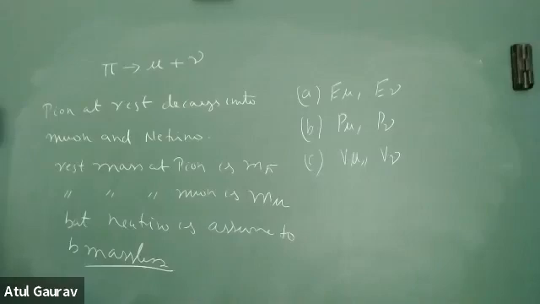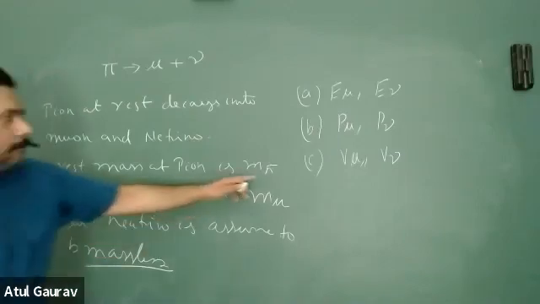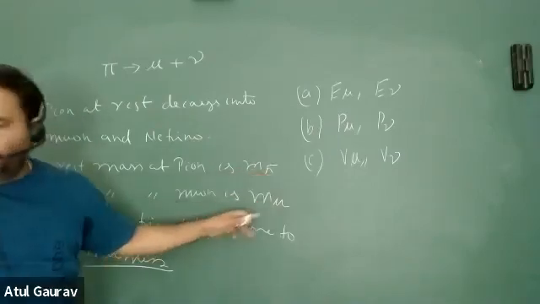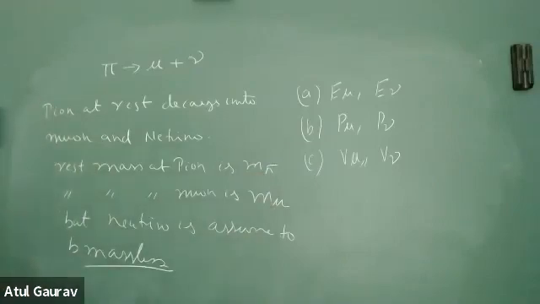So again we will start with the conservation of momentum and conservation of energy. If you have any doubt, you can ask me right now, because I have to delete all this. It's the very same problem, but the parameters are changing. We have to give the answer in terms of m pi and m mu. That's it.